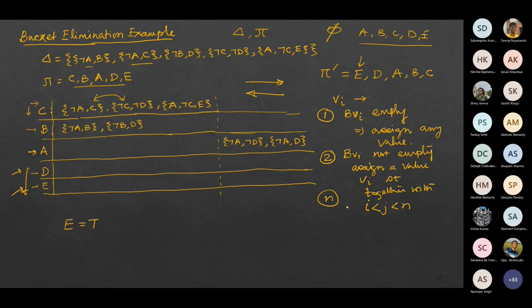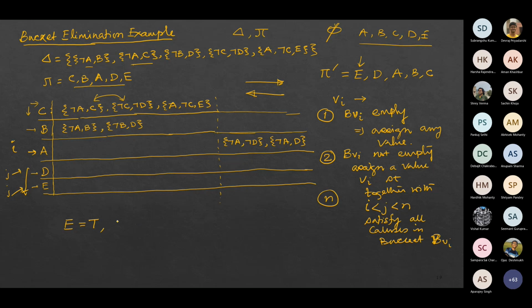So this is our i and these are our j's, right? Now these assignments together should satisfy all clauses in bucket B_Vi, right?